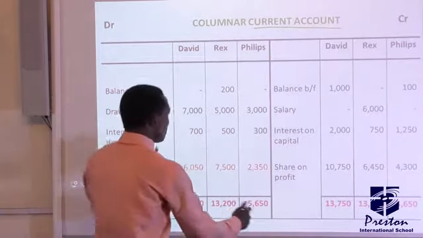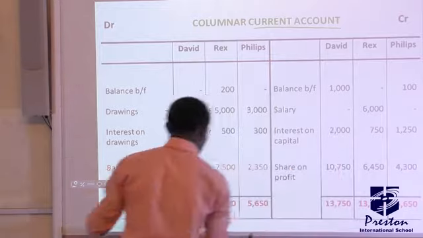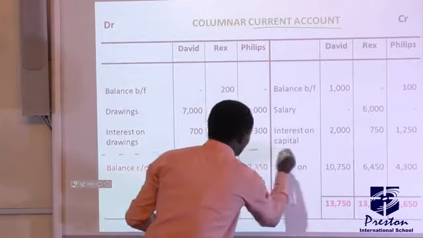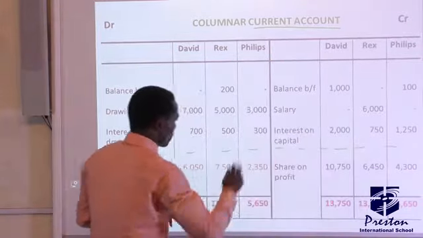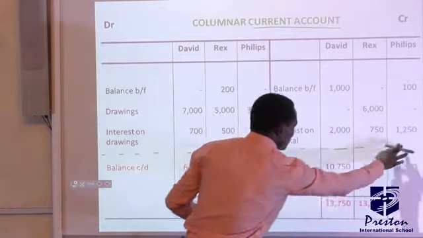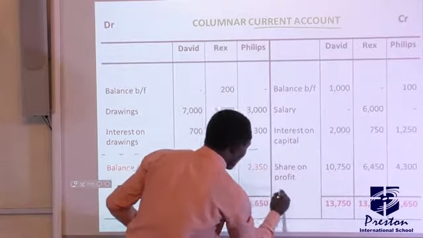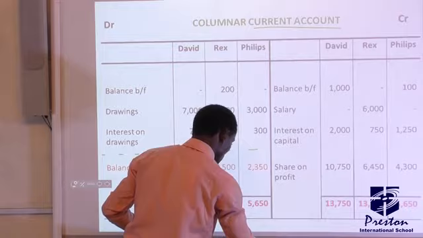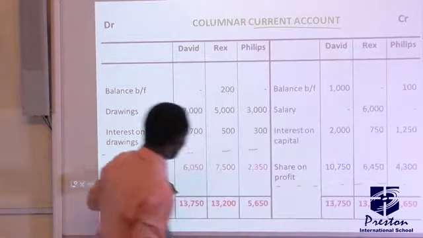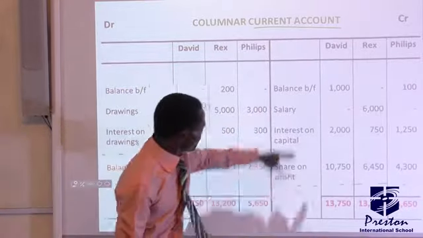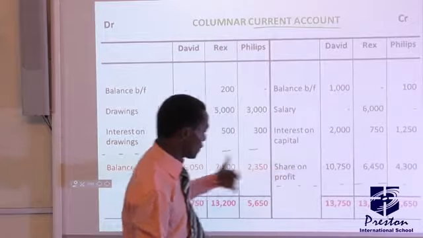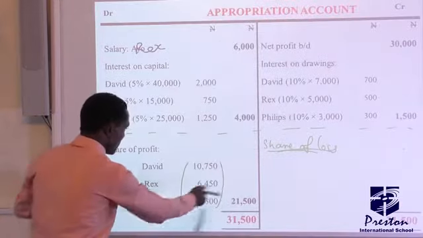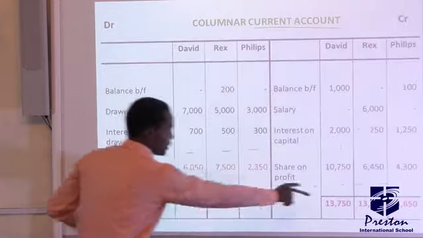Now, the difference between the credit side, taking a look at it from this end, and from here also to this place. That shows the addition, because they have also shared their profit based on what we had here. The profit here, shared to them.